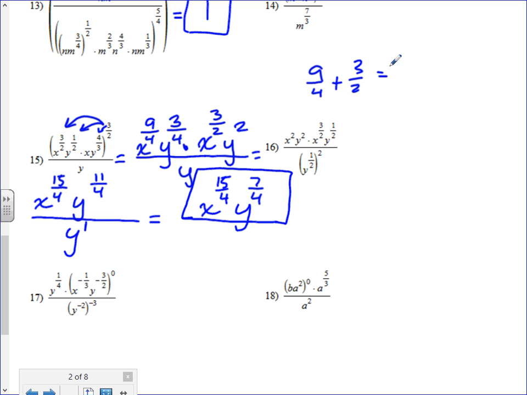Okay, I'm confused. When do we add and when do we multiply? When do you multiply exponents? When it's a power outside of parentheses. When it's raised to a power outside the parentheses, you multiply. And when it's just sitting right there, you add the exponents. Multiply coefficients.